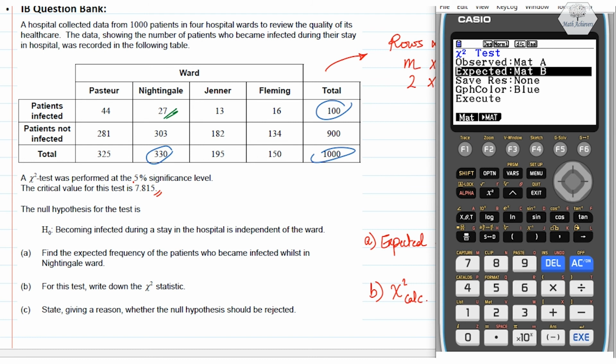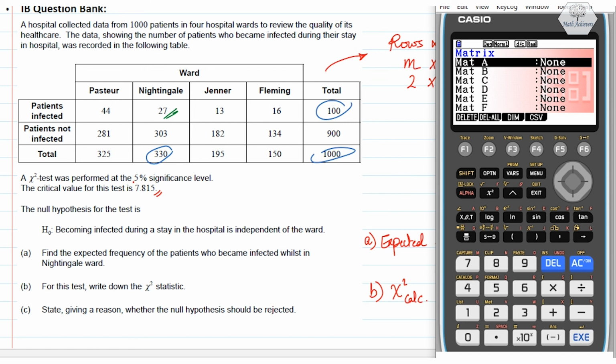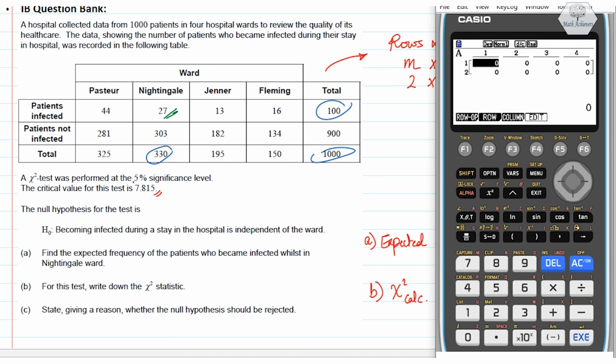To edit these matrices, I need to press the arrow and mat, which is F2. I go to F2 and I have to edit matrix A. So I choose the dimensions. My matrix is 2 times 4. And I press enter. And now I need to fill in the values.